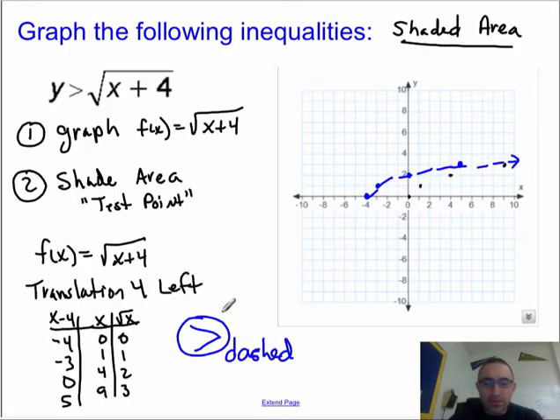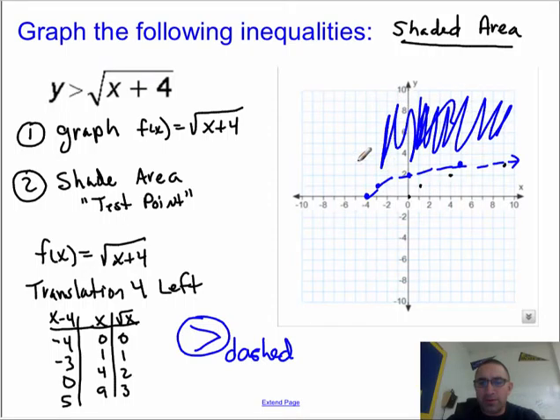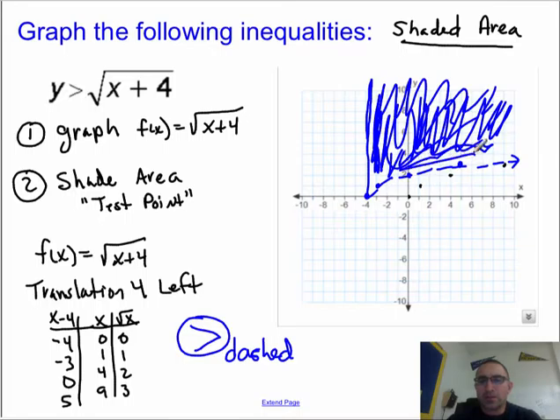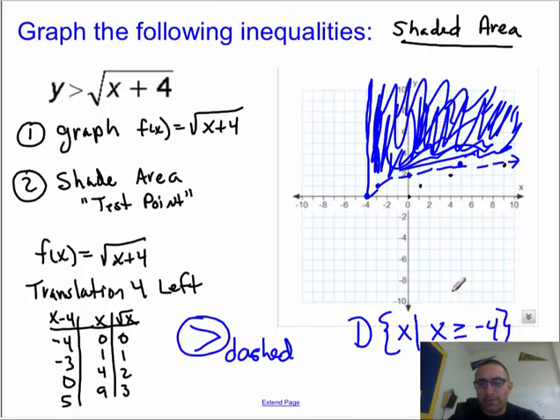Now, my next step is to shade. And since this is greater than, most likely I'm going to shade above the graph. Now I have to be careful, because according to my domain, x has to be greater than or equal to -4.